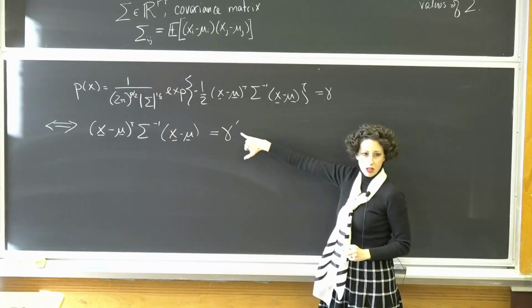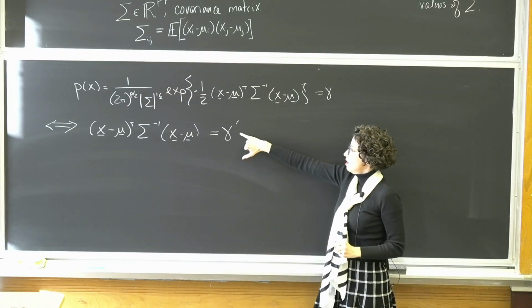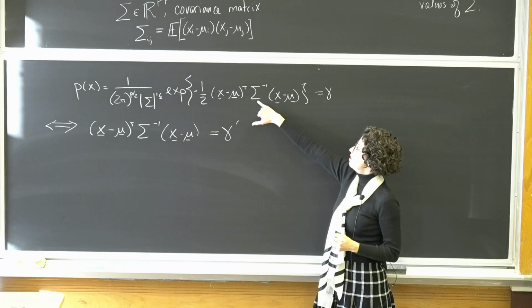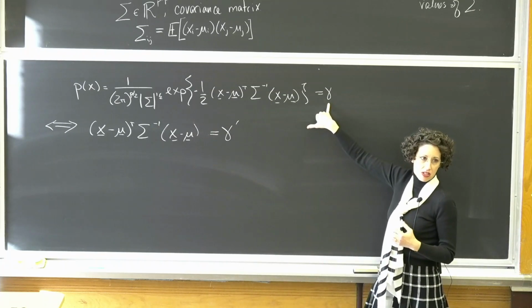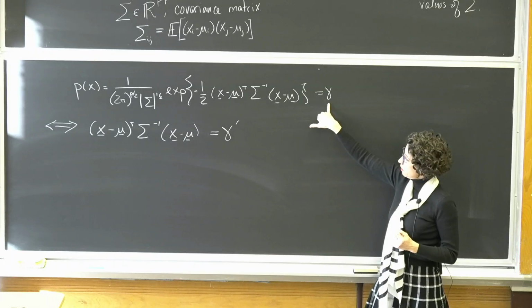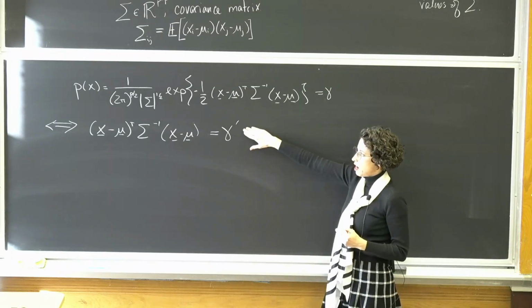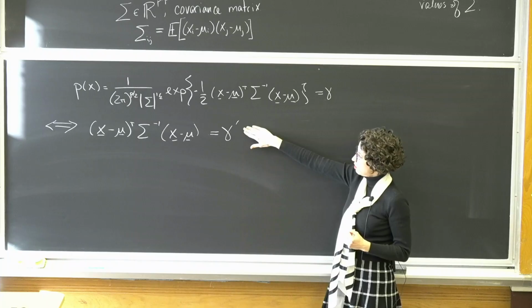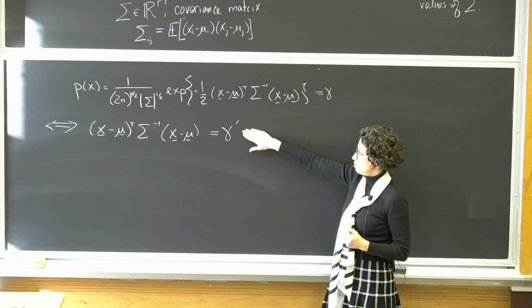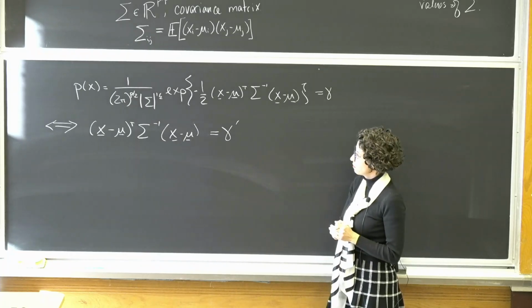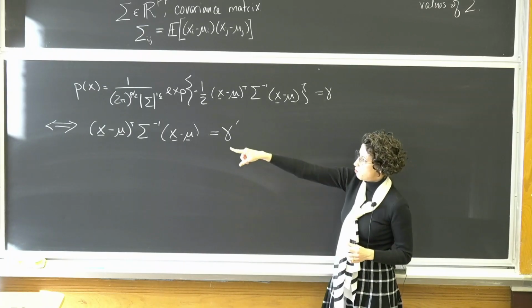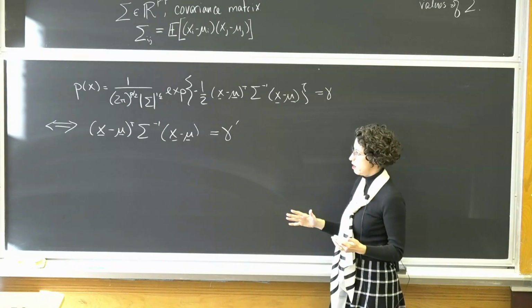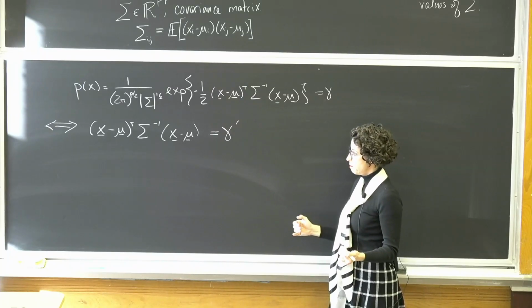So if this value is equal to a constant gamma prime for all x's in some set, then my distribution will be constant and equal to some other value of gamma. So all I need to do to find a contour line is to find all the x's where this expression is equal to some constant gamma prime. Now, what does this expression look like for the specific example that we had on the left-hand board?